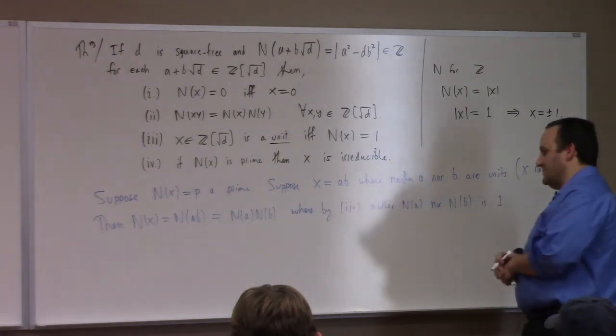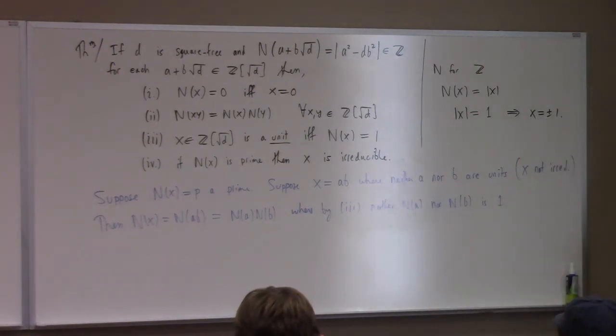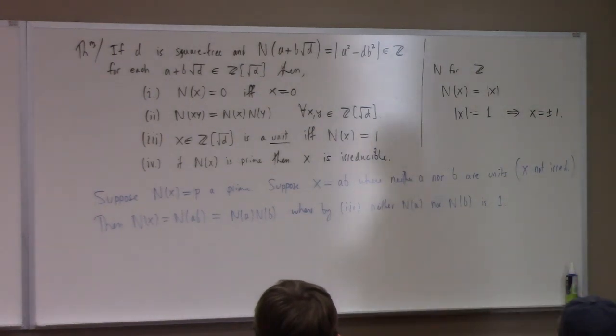Is 1. Oh no, we just factored a prime. This is bad, right? Consequently, if N of x is prime, x is irreducible.